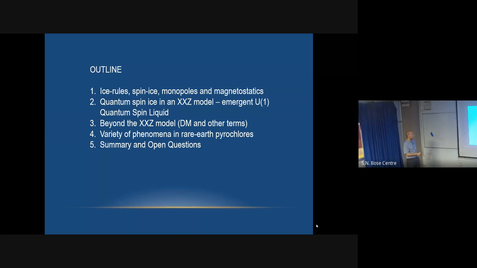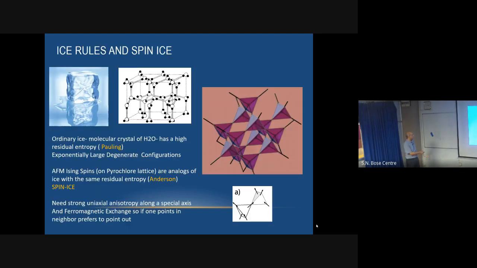It leads to an emergent U(1) quantum spin liquid. So far this is well understood. Then beyond the XXZ model, when you start adding additional terms, the physics is not fully understood, but I'll discuss what we think we understand. But also a variety of phenomena in rare earth pyrochlores that is of interest to understand. And then a summary and open questions.